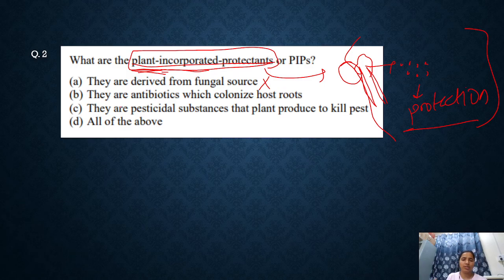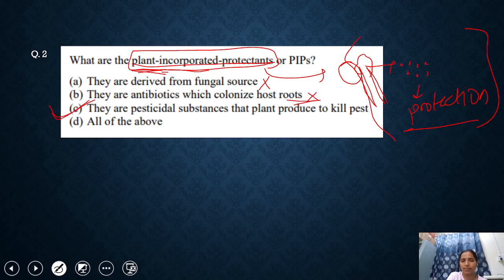Then the second option is they are antibiotics which colonize host roots. No, this is also talking about an outer source. And the third is they are pesticidal substances that the plant produces to kill pests. So this is the correct one. This is what we usually do in genetically engineered plants.